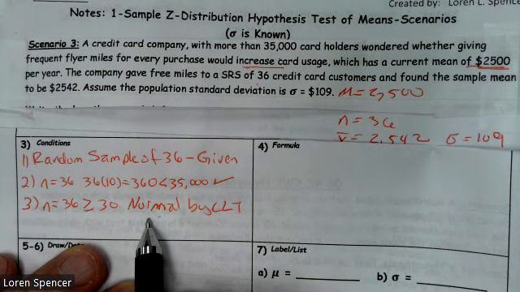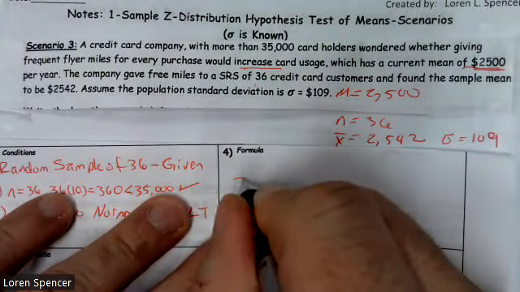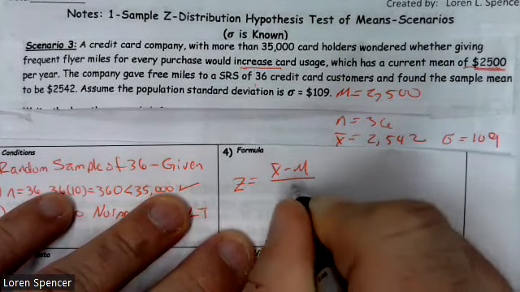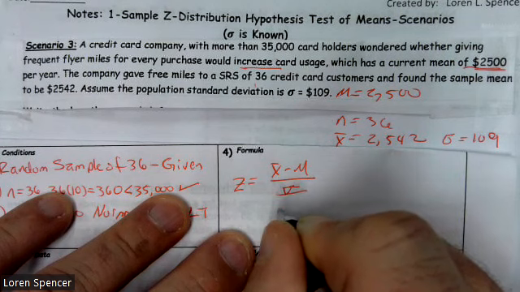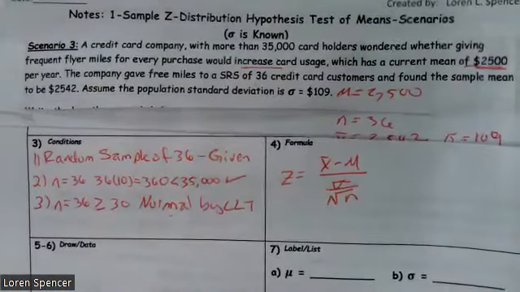Our formula is z equals x bar minus mu, divided by the standard deviation over the square root of n.